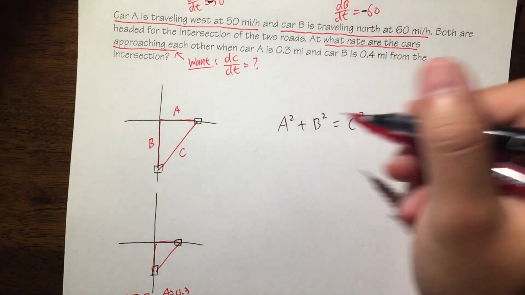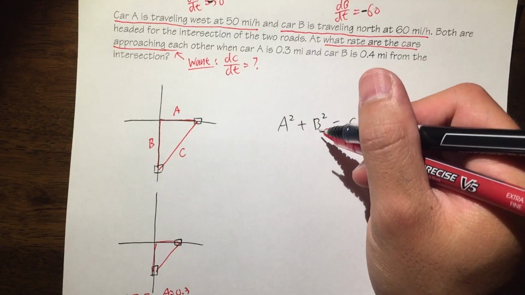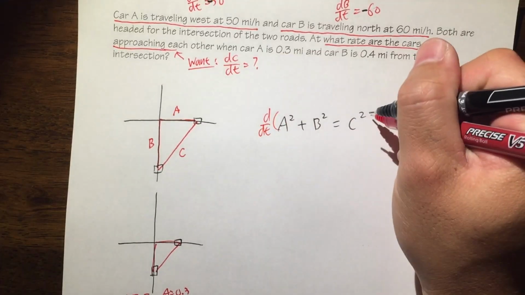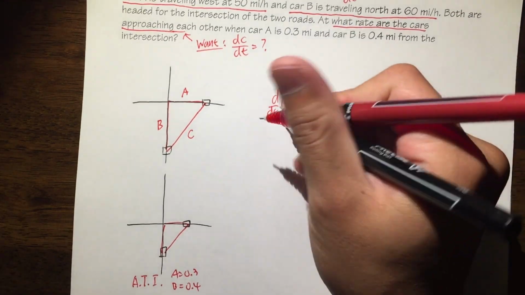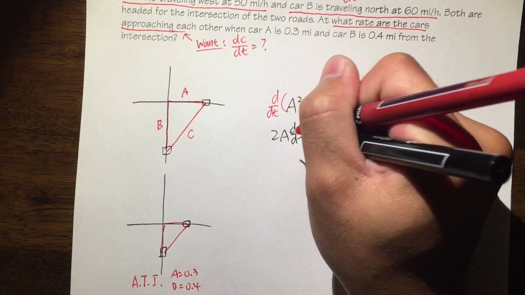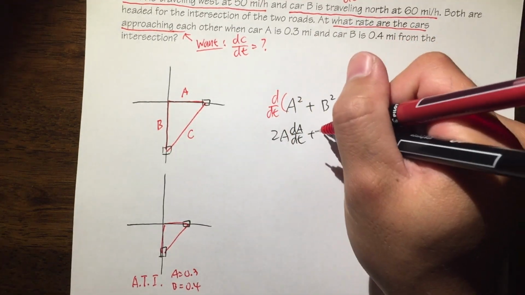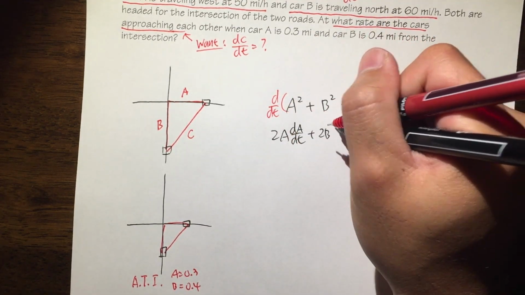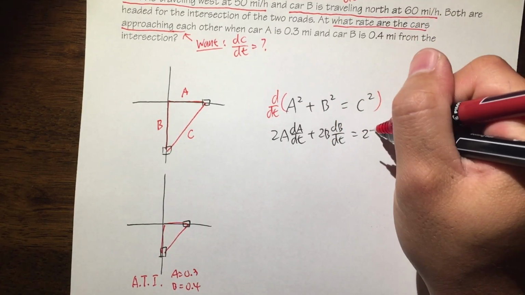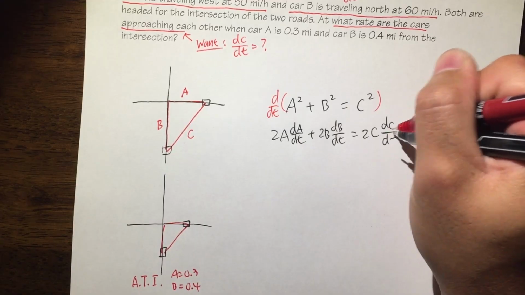But right here, I will just keep it as a squared plus b squared is equal to c squared, and then differentiate this with respect to time. Right here, we'll get 2a dA/dt, and then we add it with 2b dB/dt, and then this should be equal to 2c dC/dt.